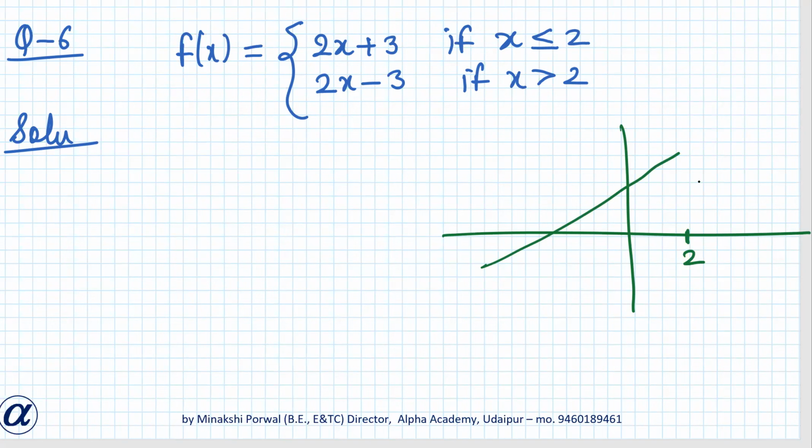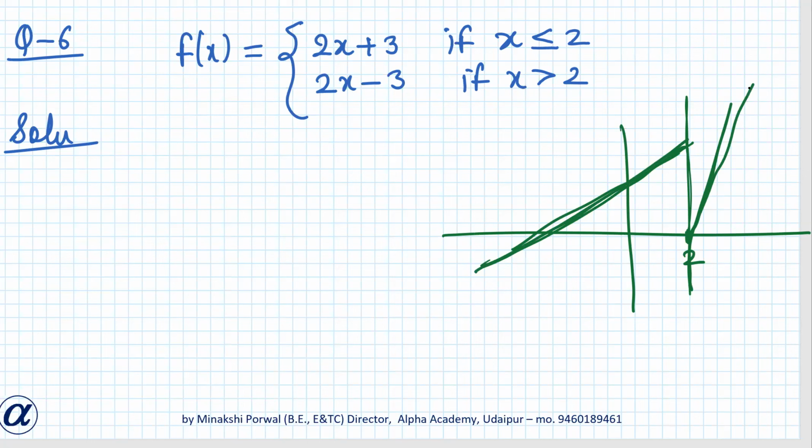When x is greater than 2, again it is defined by a linear function 2x minus 3, so that graph will also be a line. Are you getting what I am saying? Yes, ma'am. Before 2 it will be a linear graph, and after 2 also it will be a linear graph.